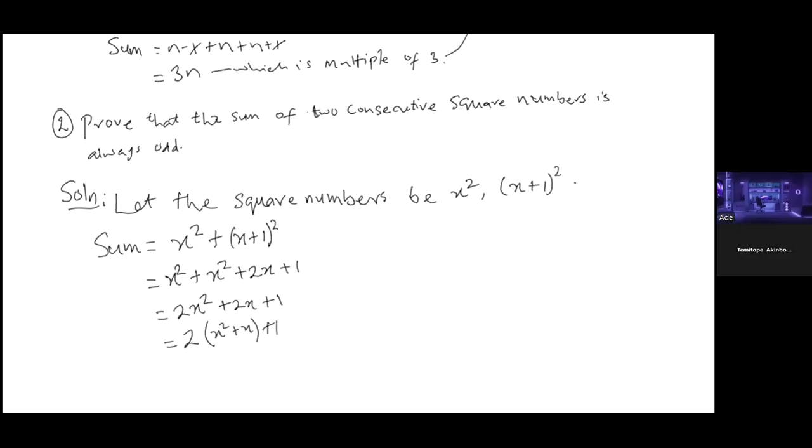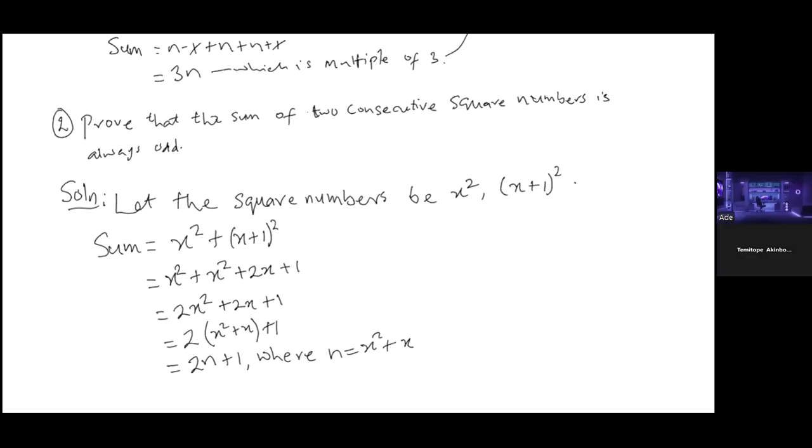Now, I can express this as 2n plus 1, where n is s squared plus s. So I have replaced s squared plus s with one entity, n. So 2n plus 1 is odd.